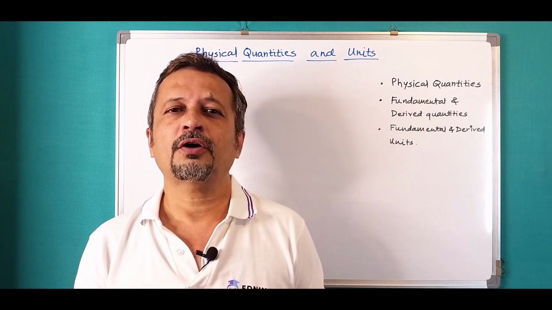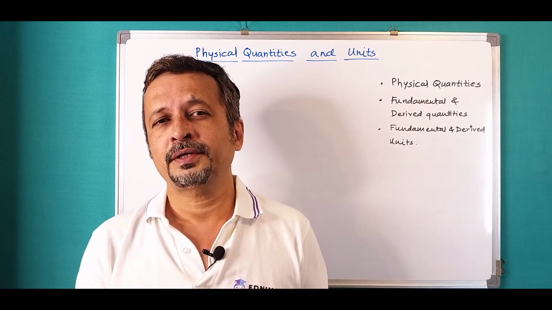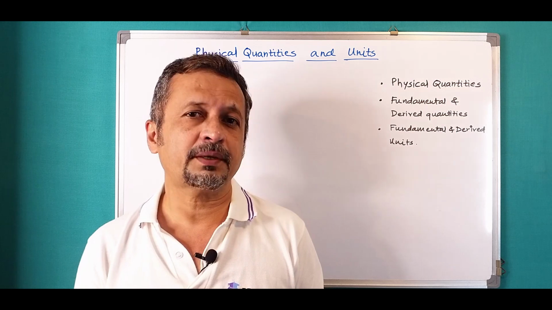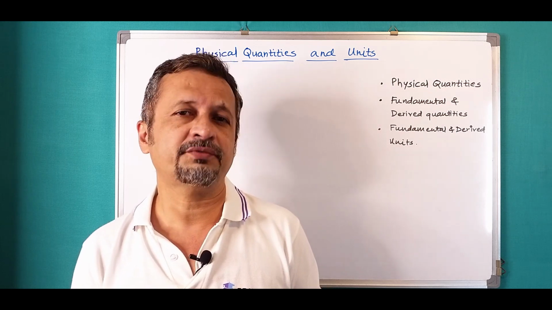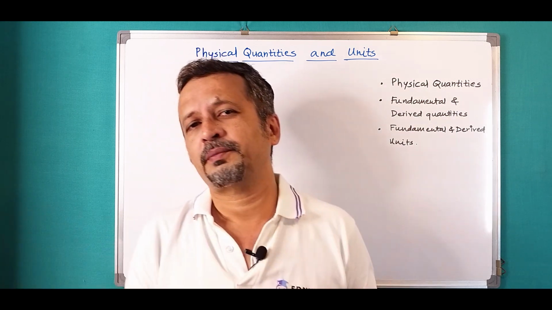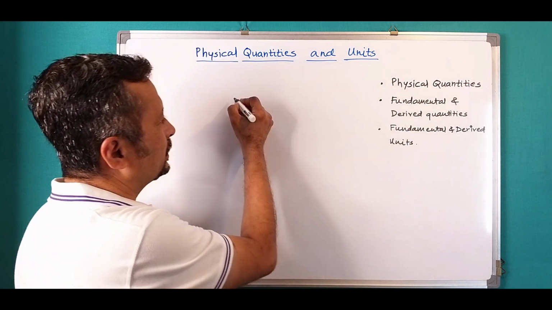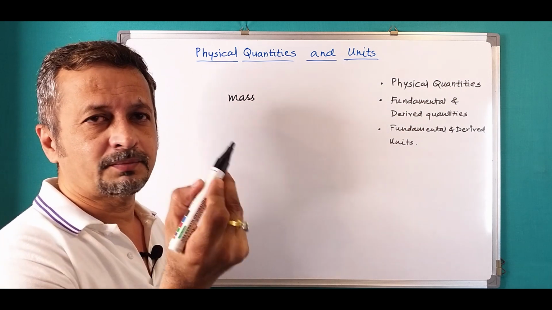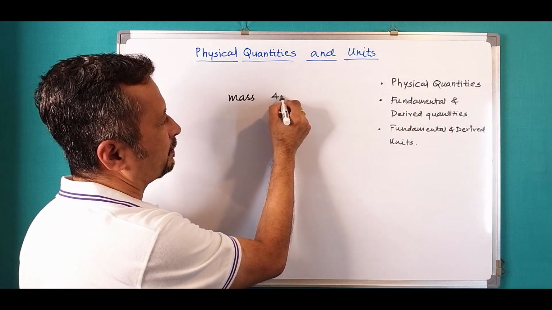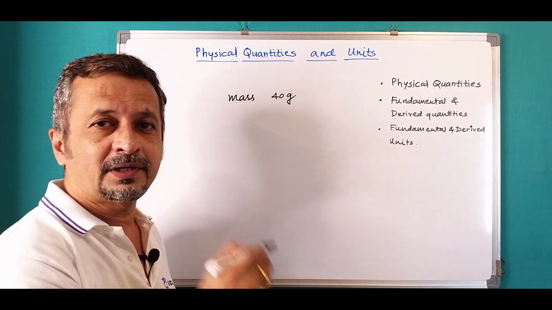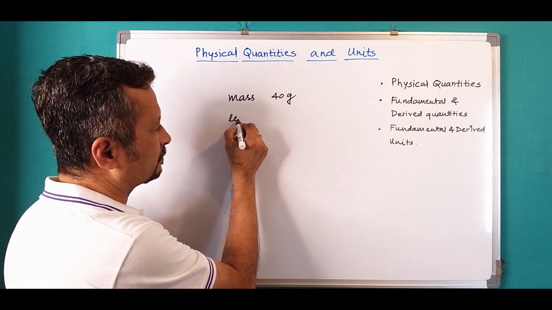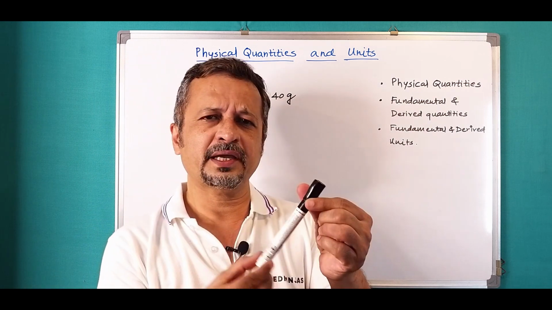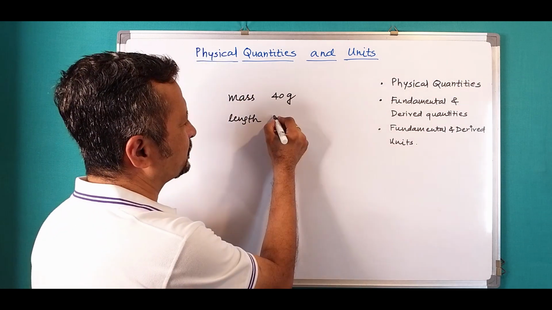Now based on how we do it, we divide these physical quantities into two types. One type is fundamental physical quantity and the other is derived physical quantity. Now what is a fundamental quantity? Something like mass. I say the mass of this marker is 40 gram, or the length of this marker may be something like 15 centimeter.